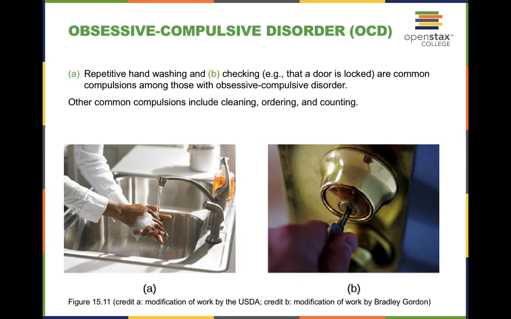For somebody, they need to lock their door a particular amount of times, or they may need to keep things in a particular order that if they don't do so, it causes significant and unpleasant feelings within them that can only be alleviated by engaging in the compulsion.